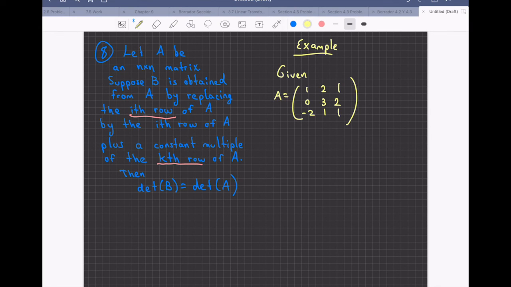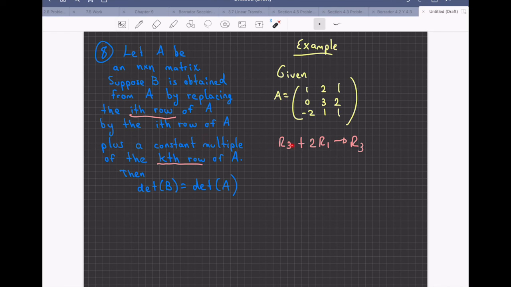Well, we can take advantage of the property number 8. Notice what I'm going to do is add the row 3 plus twice the row 1, and then put that in the row 3. This is the property number 8. In this case, the ith row is the row 3.